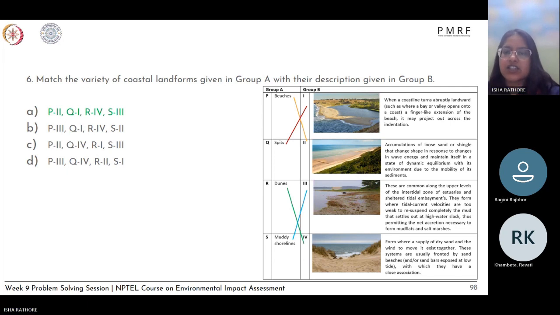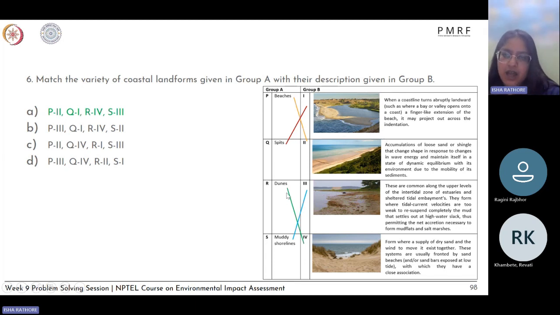A finger-like extension of the beach may project out across the indentation. You see this kind of landform. These are spits, formed because of the abrupt movement of the coastline. So Q matches with 1.